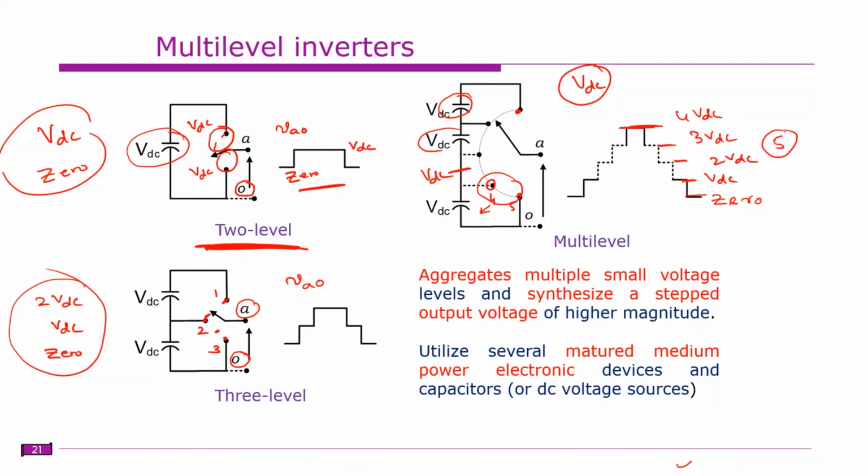So what you understood is this waveform is nowhere close to a sine wave, right? When compared to this, this is slightly something like a sine wave, and this one is a closer approximation to a sine wave. So what exactly are these multi-level inverters?